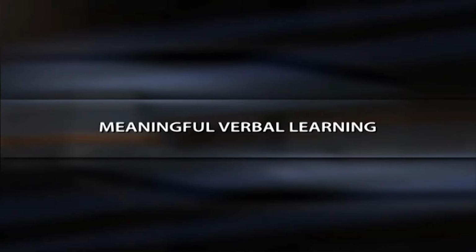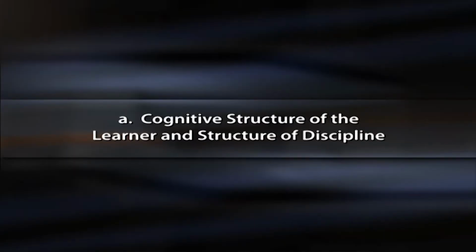Meaningful verbal learning. In order to understand Ausubel's ideas about meaningful verbal learning, one has to get insight into a few key concepts he used in his discussion. These are briefly described below. Cognitive structure of the learner and structure of discipline. An individual is likely to form, on the basis of assimilated experiences, a structure of knowledge usually designated as cognitive structure.